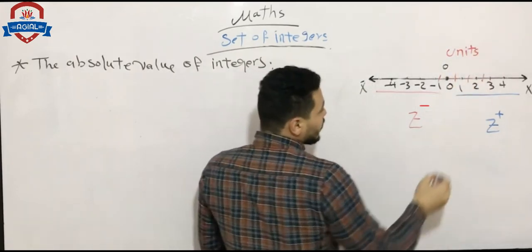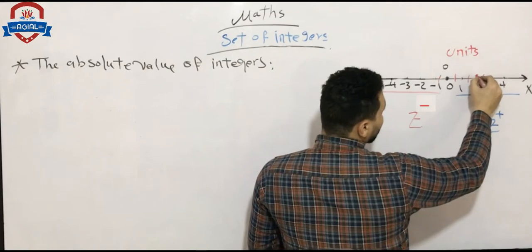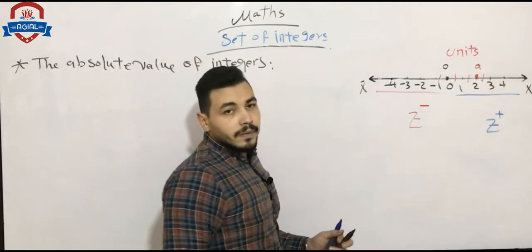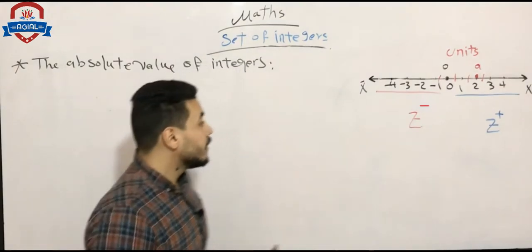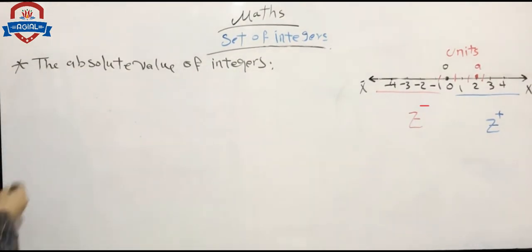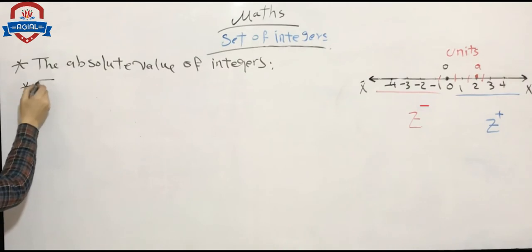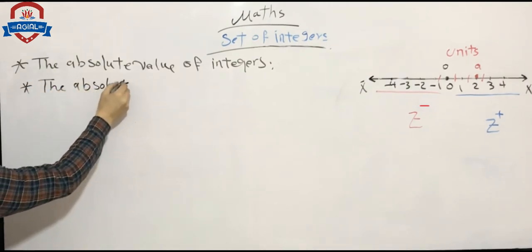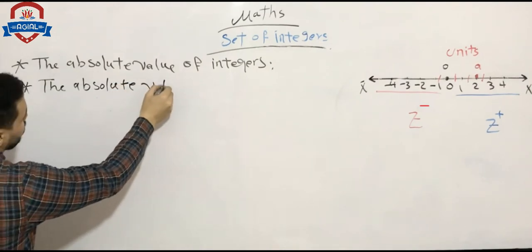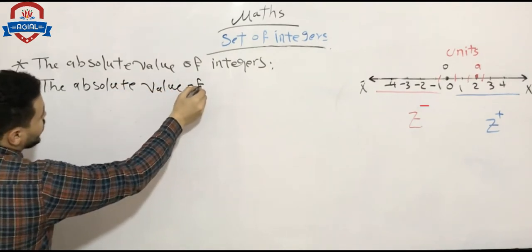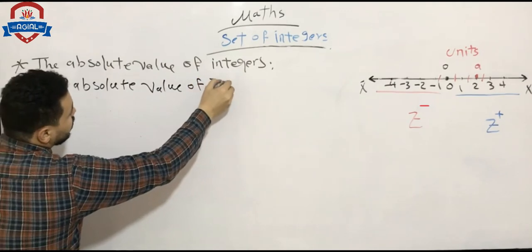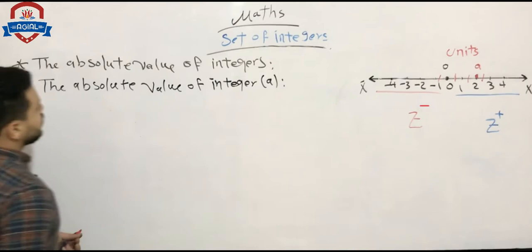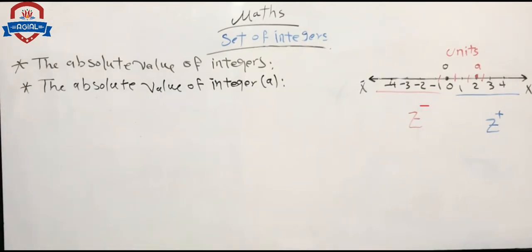If we have the point A, and the point A equals 2, what is the absolute value of integer A?